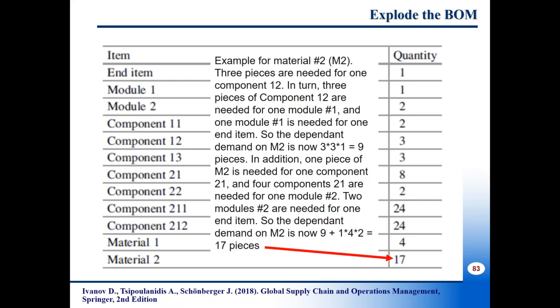In addition, one piece of M2 is needed for one component 21, and 4 component 21 are needed for one module 2. Two modules 2 are needed for one end item. So the dependent demand on M2 is now 9 from the previous, plus 1 times 4 times 2, equal to 17 pieces.